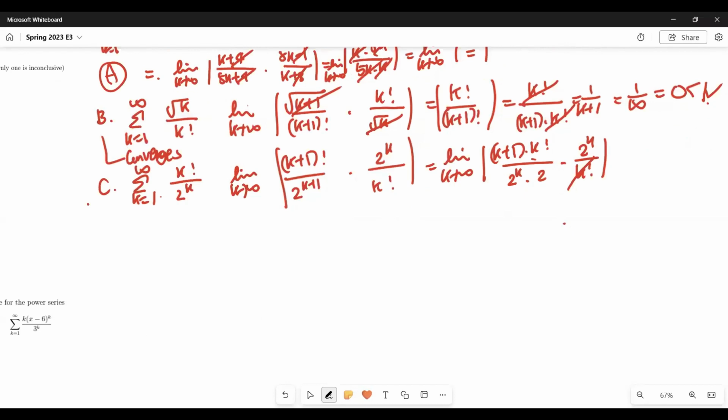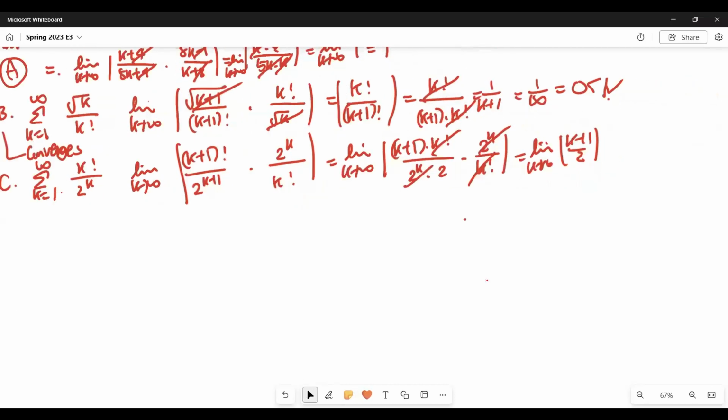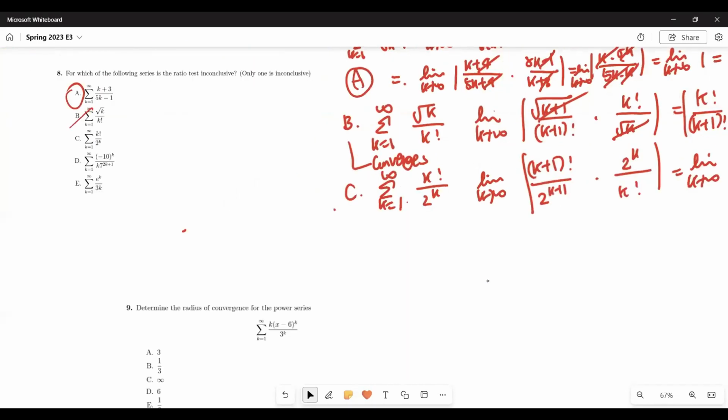K factorial cancels out, 2 to the k cancels out. I wrote it this way so I can actually cancel out things. So the limit as k goes to infinity of k plus 1 over 2 is infinity over 2, which is infinity. If you remember your ratio test, if it's infinity, it's diverging, because infinity is greater than 1. So C is also not right.